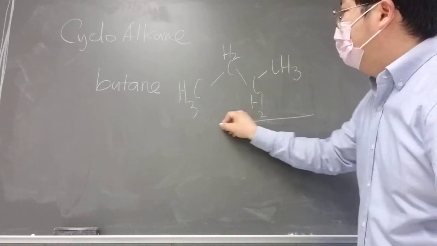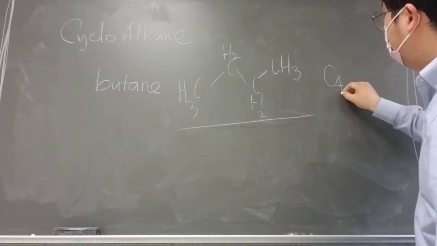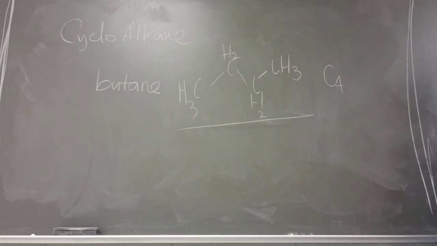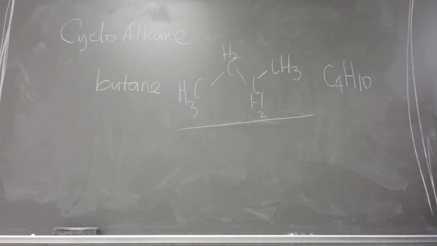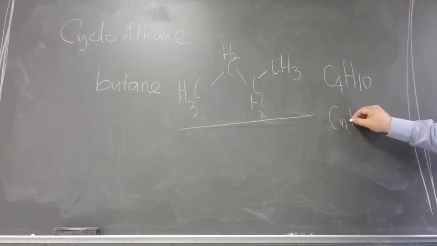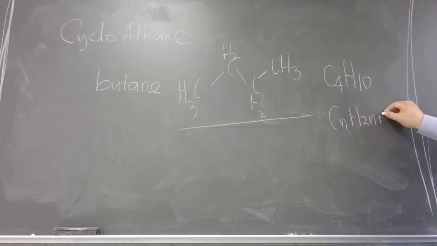Make sure we have 4 carbons, and as you recall from Gen Chem 2, there are 10 hydrogens, even though you don't draw them, because we follow CnH2n+2. Do you guys remember this?